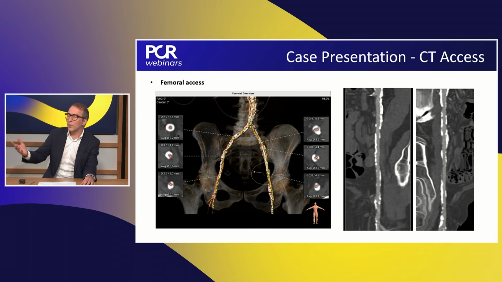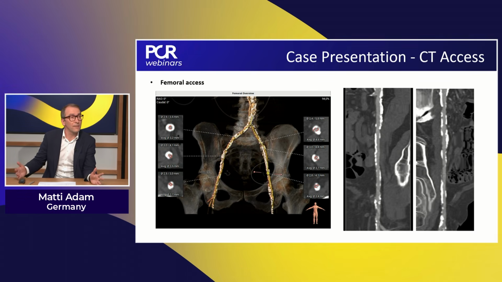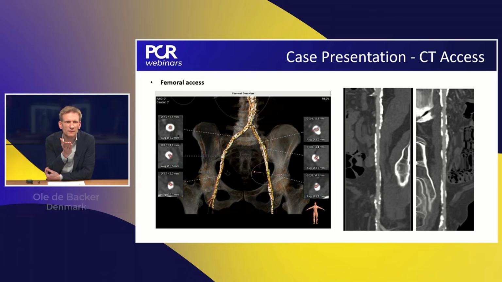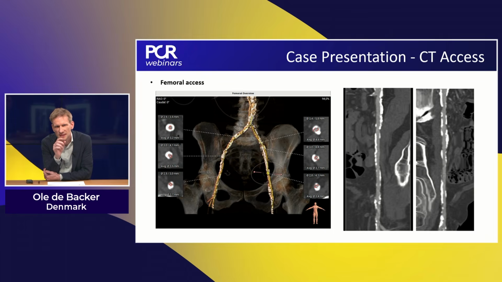Yeah, that's a great point, right? We all had these cases where we pushed and pushed and pushed, and we got the valve in. And then you deploy the valve, and then the real problem starts, because then you have to fix your femoral access, bleeding, and it can be critical there as well, right? So why not use something else? This would be, for me, also a bridge too far. If you look really, it's not a focal lesion.